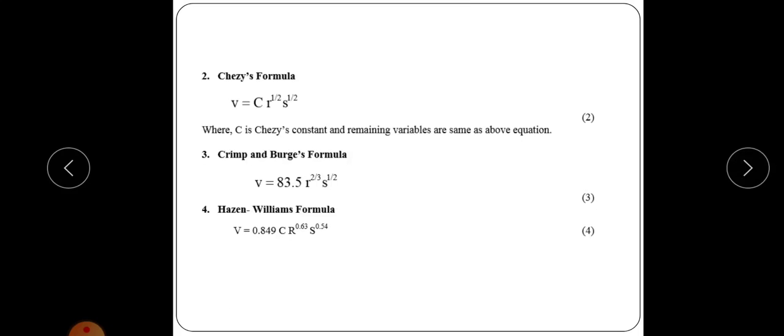Next is Chezy's formula. Here the velocity through the sewer V is equal to C R raised to 1/2 S raised to 1/2, or C into square root of RS, where C is the Chezy constant and the remaining are the same as the previous equation, R is the hydraulic mean radius and S is the hydraulic gradient.